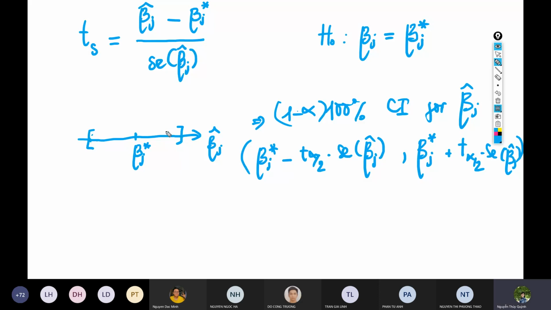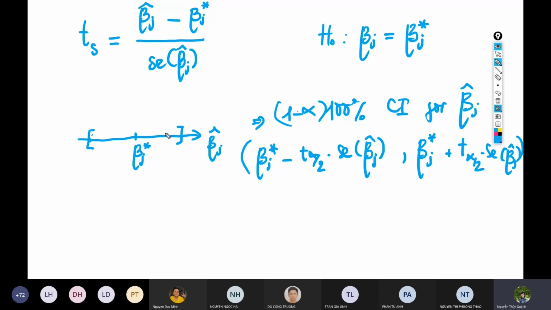There will be a 95% chance that the observed value of beta z hat will fall into this confidence interval if H0 is true.